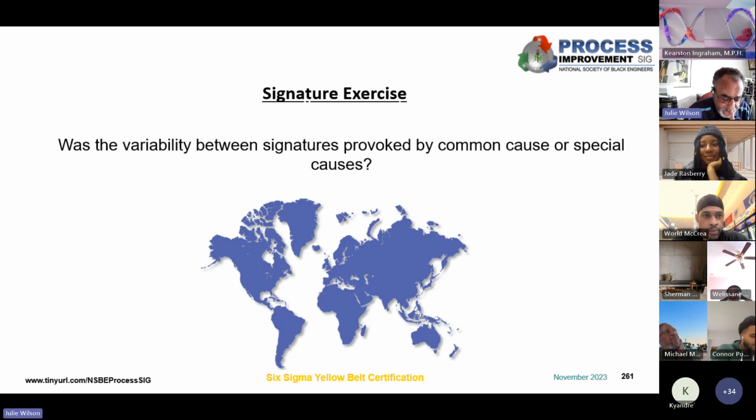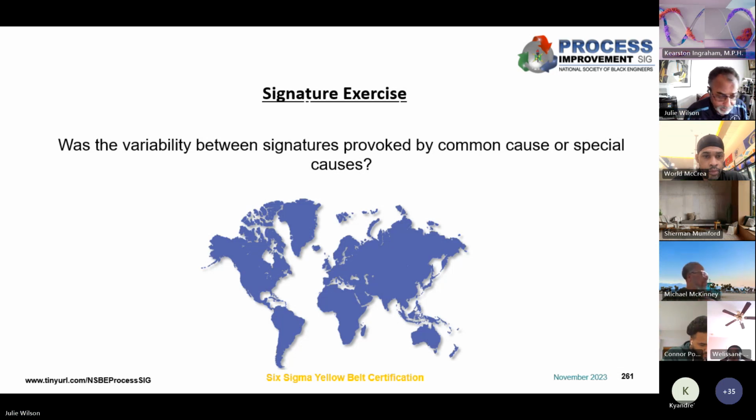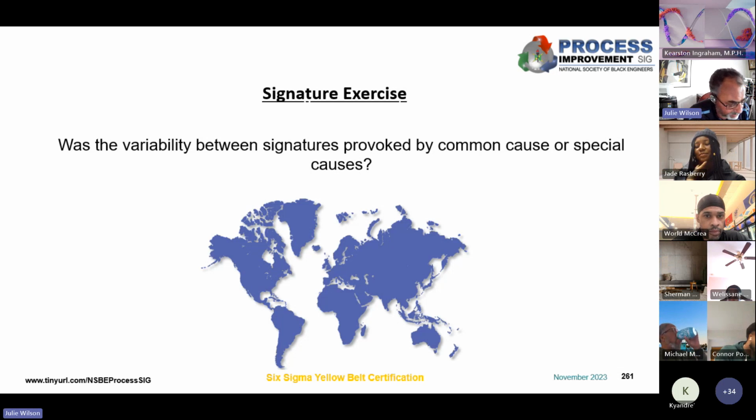So let's try this. Put the pen in the other hand and sign your name 5 times with the other hand. Now, once again, are the 5 signatures the same?